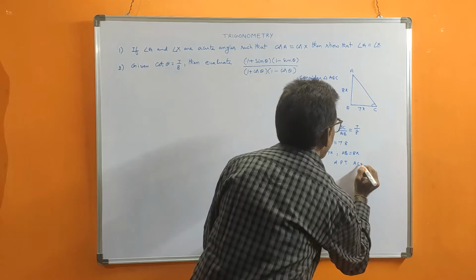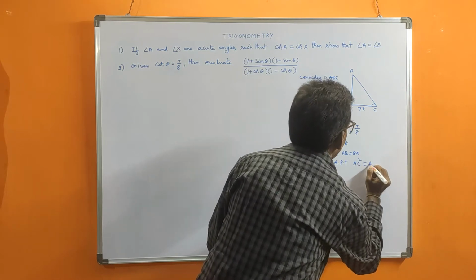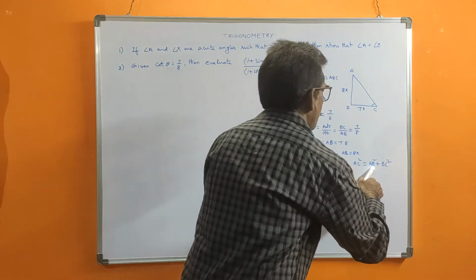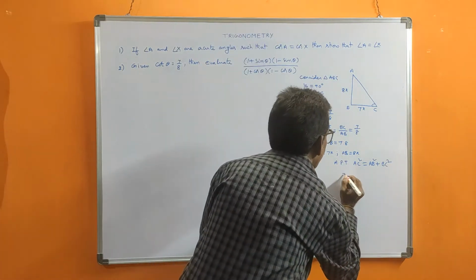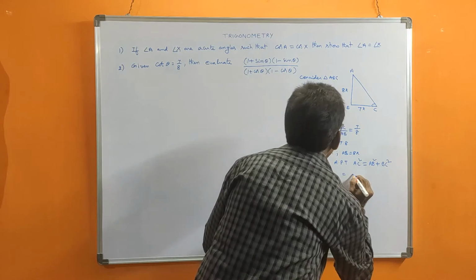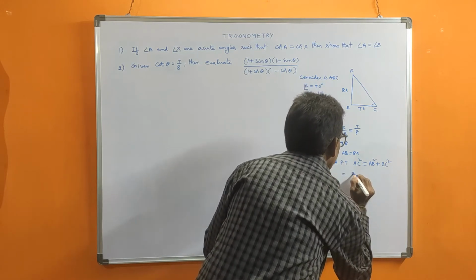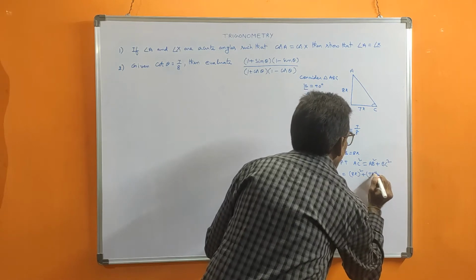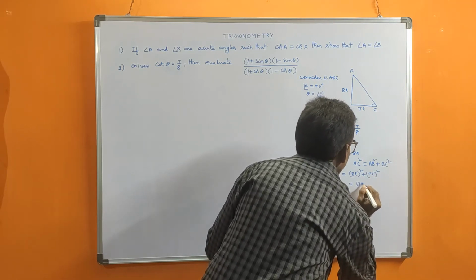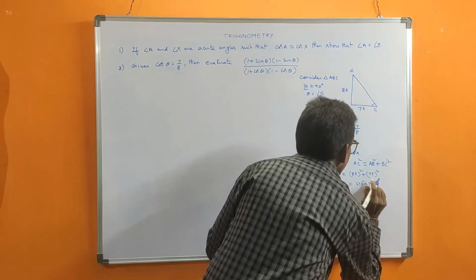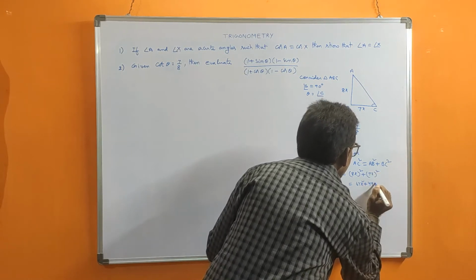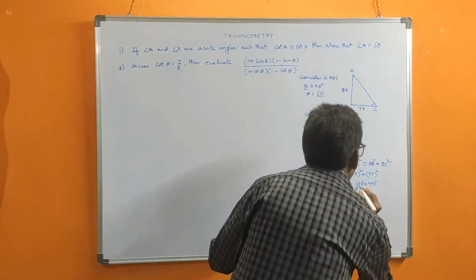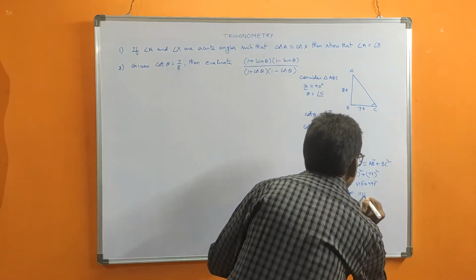The hypotenuse square, AC square, is equal to one side square BC square plus other side square AB square. Substitute the values. AB is 8x whole square plus BC is 7x whole square, that is 64x square plus 7 7s are 49x square. 64 plus 49 is 113x square.